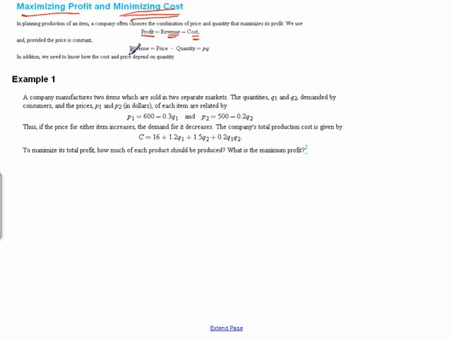And the amount of money we bring in, which is called revenue, is the price at which we sell something times the quantity that we sell, PQ. So let's say that we are manufacturing two items and they're sold in two separate markets. So Q1 and Q2 are the quantities that are demanded by the consumers for the different prices, P1 and P2.